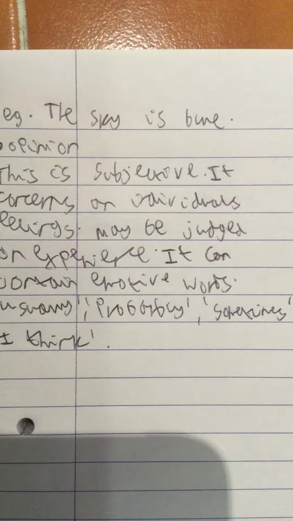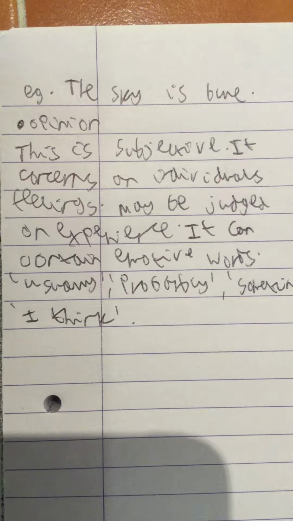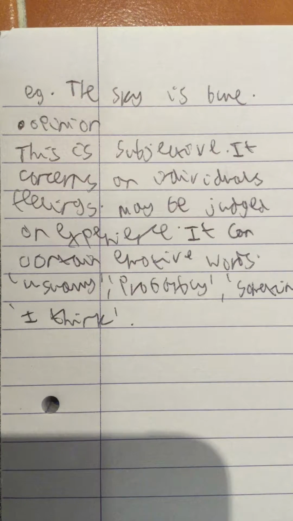That's what argument from opinion is based on. And they're not seen as a strong form of argument. If you were to have an argument with someone over something, opinion-based arguments are not seen as being very good in terms of debating.